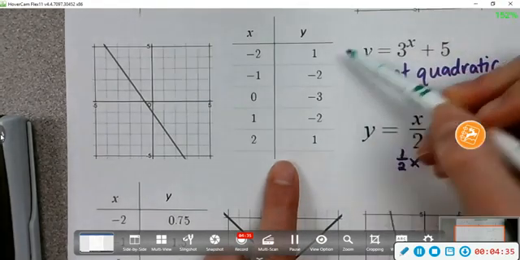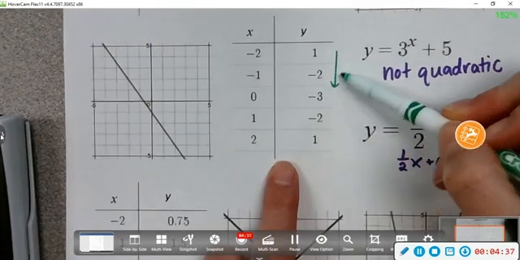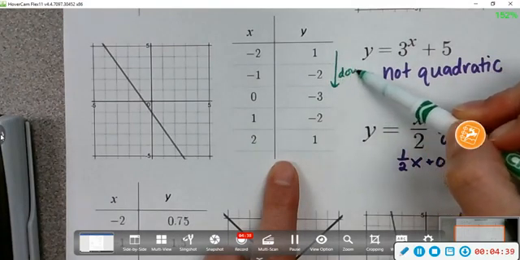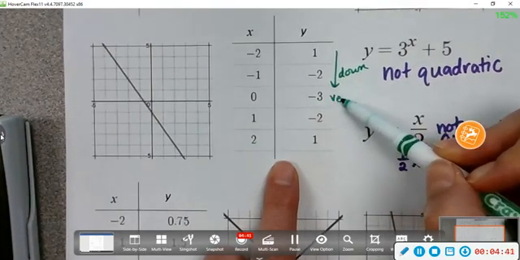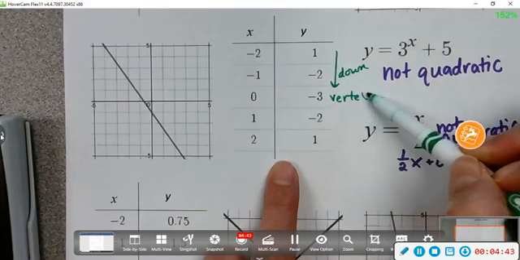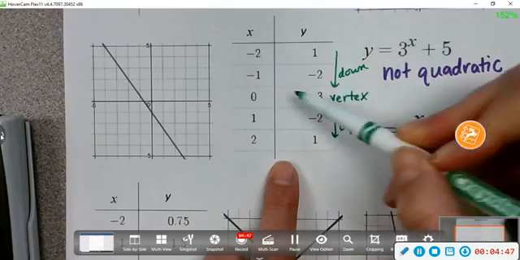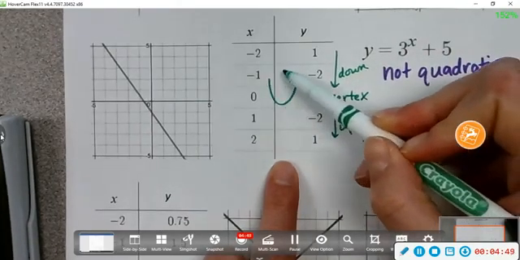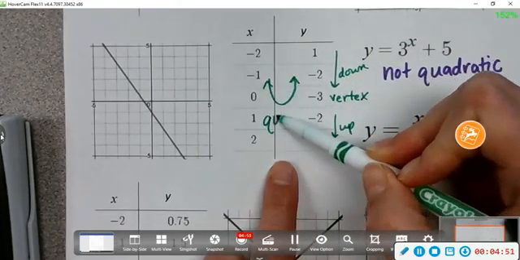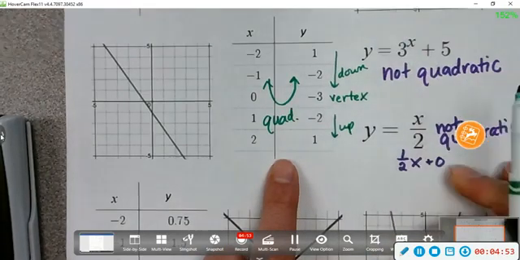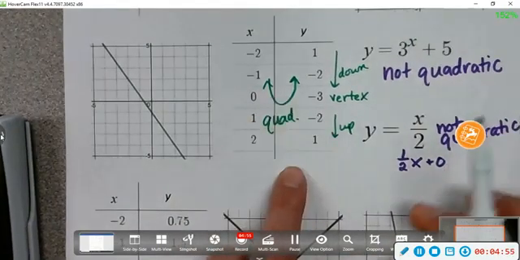Because we went down and then hit what we call the vertex or minimum, and then went back up, this is going to give us that curved graph, and so this table would be a quadratic relationship.